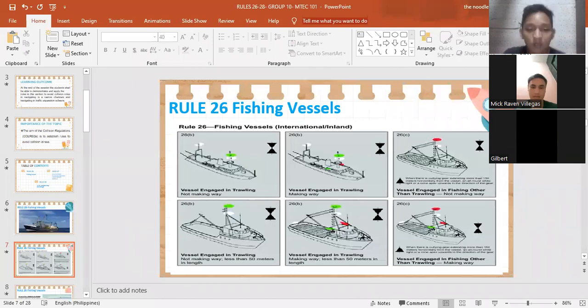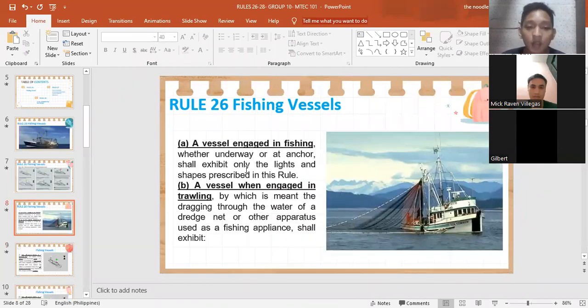In paragraph A, a vessel engaged in fishing, whether underway or at anchor, shall exhibit the lights and shapes prescribed in this rule. Anchoring and being underway are part of fishing, so if we anchor our vessel, we are also engaged in fishing.